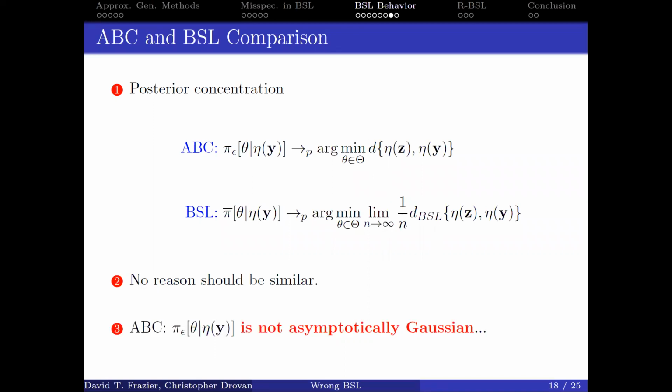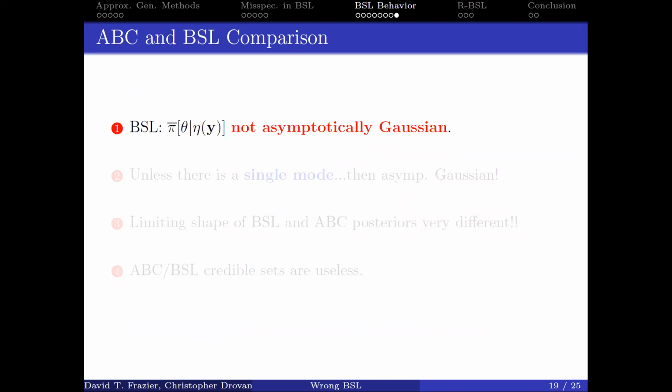Now, in the context of ABC, what we also showed is that if the model is misspecified, the posterior itself is not asymptotically Gaussian. It looks kind of like a deformed Gaussian, where you're renormalizing the Gaussian depending on the level of misspecification. Well, that's also true of BSL. It's not asymptotically Gaussian in general, so there's a similarity there.